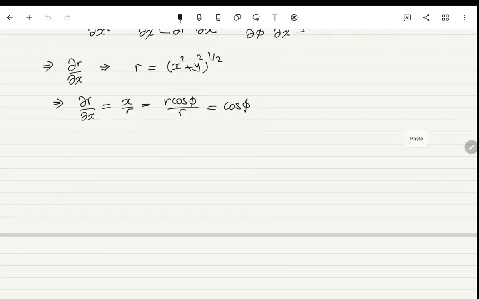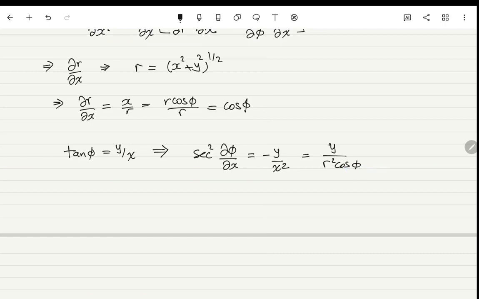With the aid of the equation tan phi equals y over x, we will get secant square phi partial phi partial x equal to minus y over x square, or minus y over r square cosine phi.